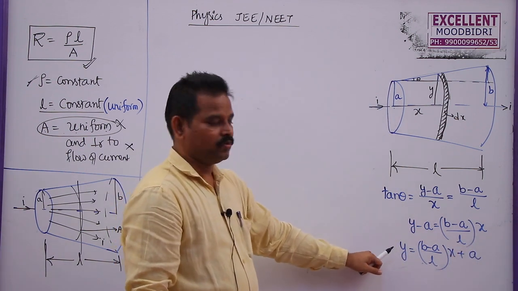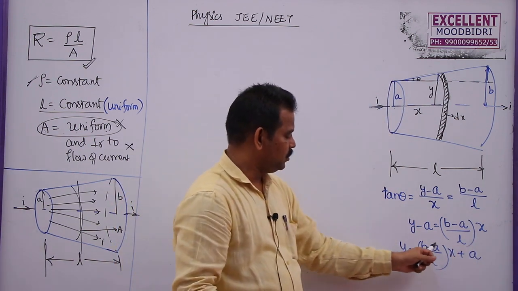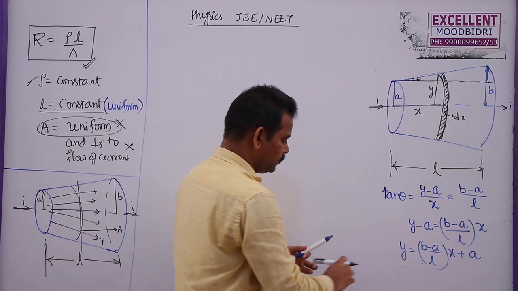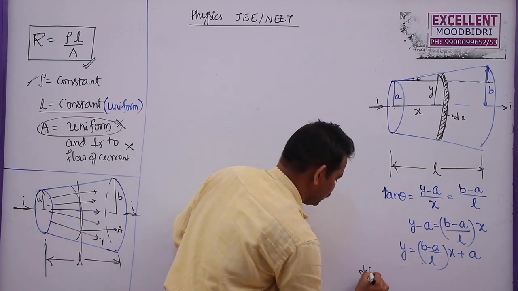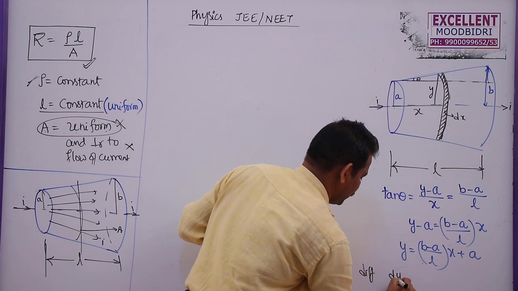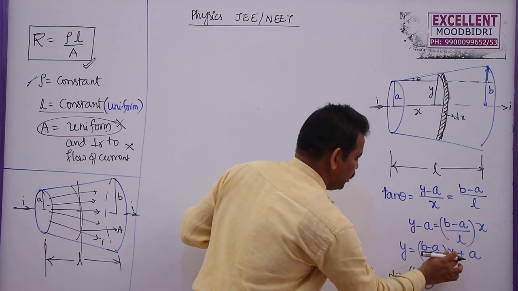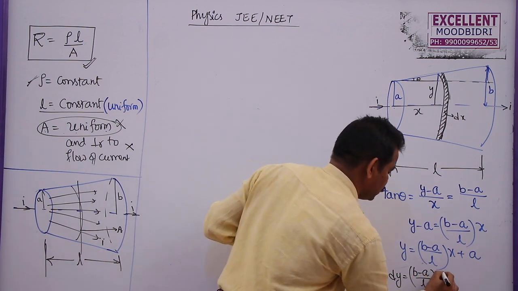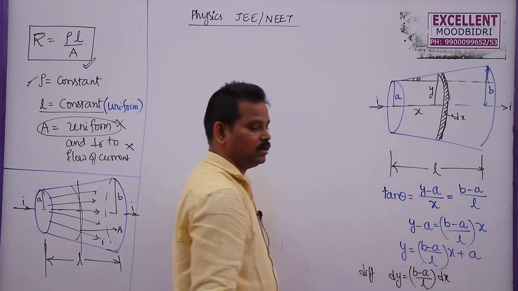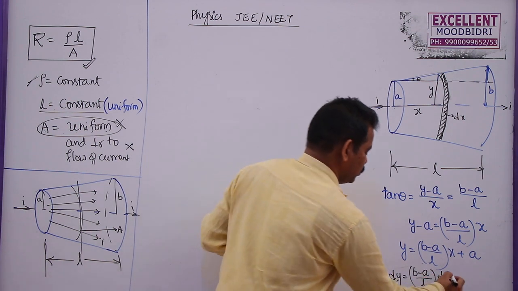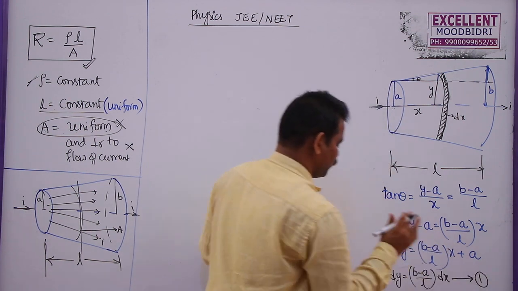So this is the relation between y and x here, as b, a, L are constants. Now differentiate this one. By differentiating this equation, we will get dy is equal to b minus a by L, which is constant, times the derivative of x, which is dx, and a is a constant, its derivative is 0. So this is equation 1.